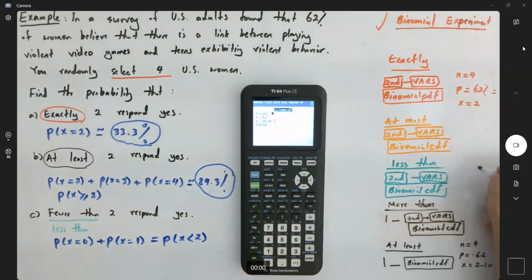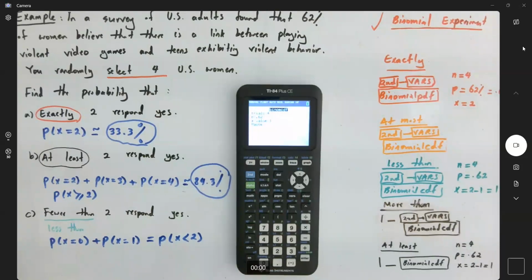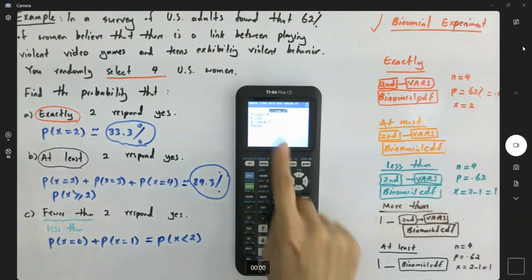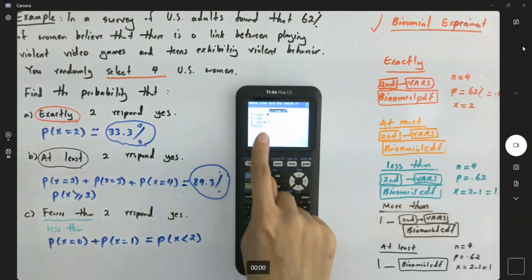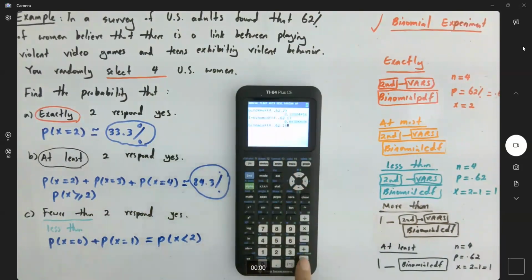It means that we have n, which is 4, the probability of success, 62%, and x is now 2 minus 1, or just 1. So 4, 0.62, and x is 1. Let us enter.